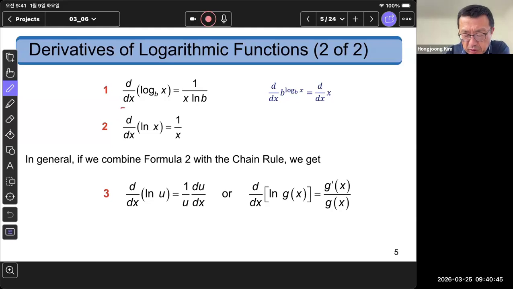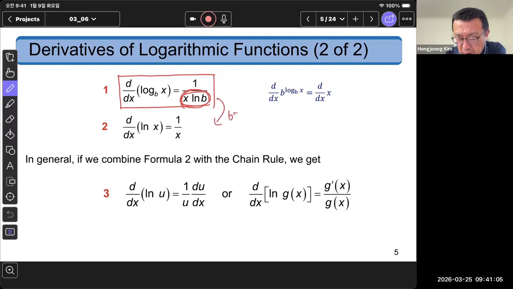So we just have this formula. When I differentiate a logarithmic function with base b, you get 1 over x times ln b. That's in the denominator. As a special case, when b is e, then ln b will be ln e, which is 1.